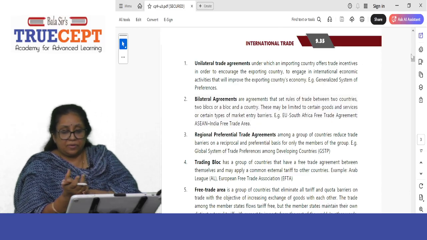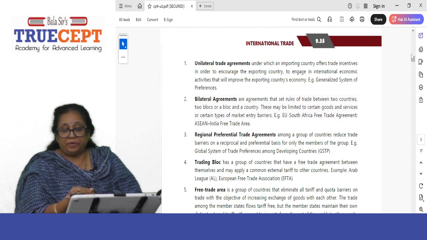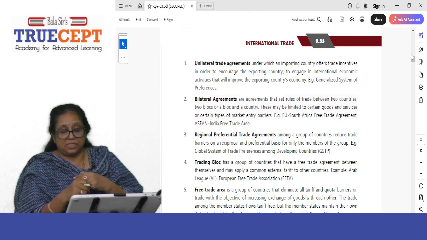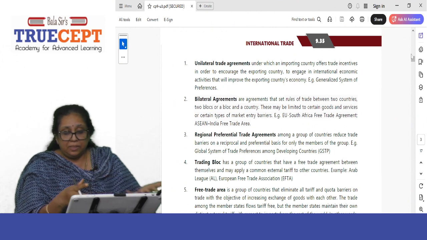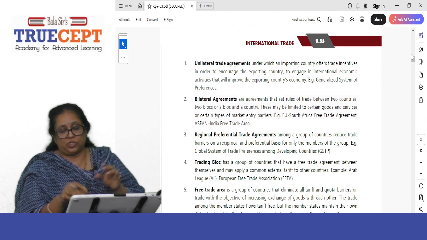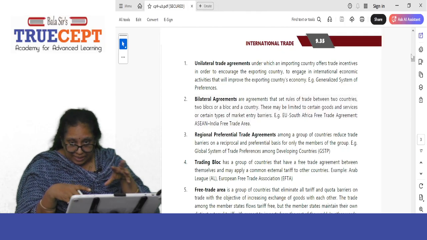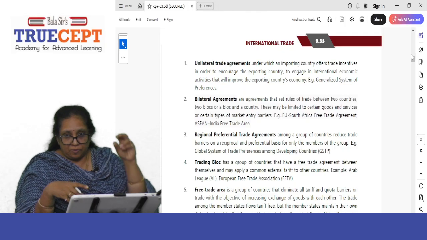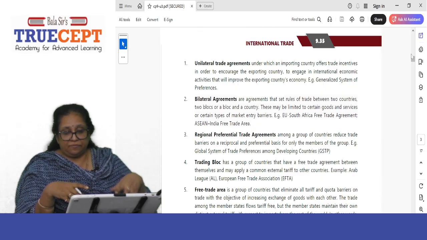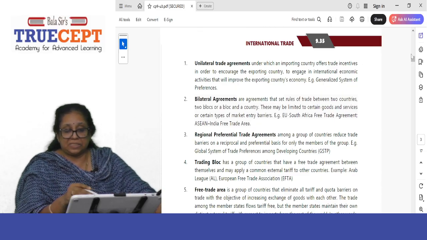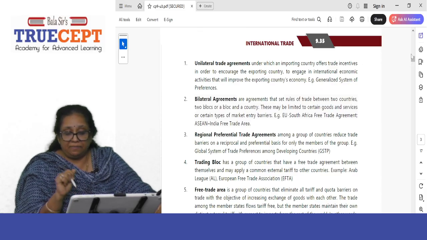Then you have a trading bloc, like the Arab League and the European Free Trade Association. Please expect that EFTA question, what it stands for, might come up. It's the European Free Trade Association. Whenever you see these acronyms, please write them in a separate list: NAFTA, EFTA, then GSTP, the Global System of Trade Preferences among developing countries.